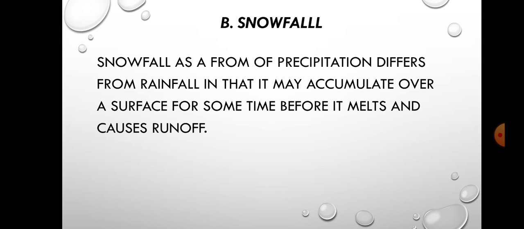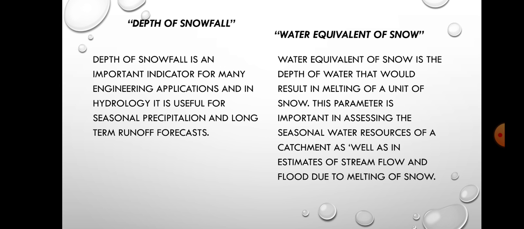Snowfall. Snowfall as a form of precipitation differs from rainfall in that it may accumulate over a surface for some time before it melts and causes runoff. Depth of snowfall is an important indicator for many engineering applications, and in hydrology it is useful for seasonal precipitation and long-term runoff forecast.